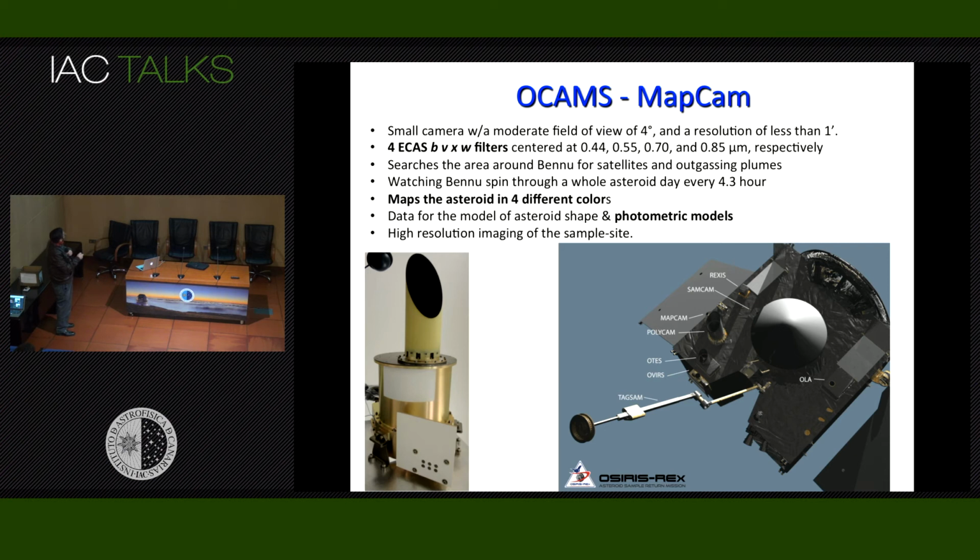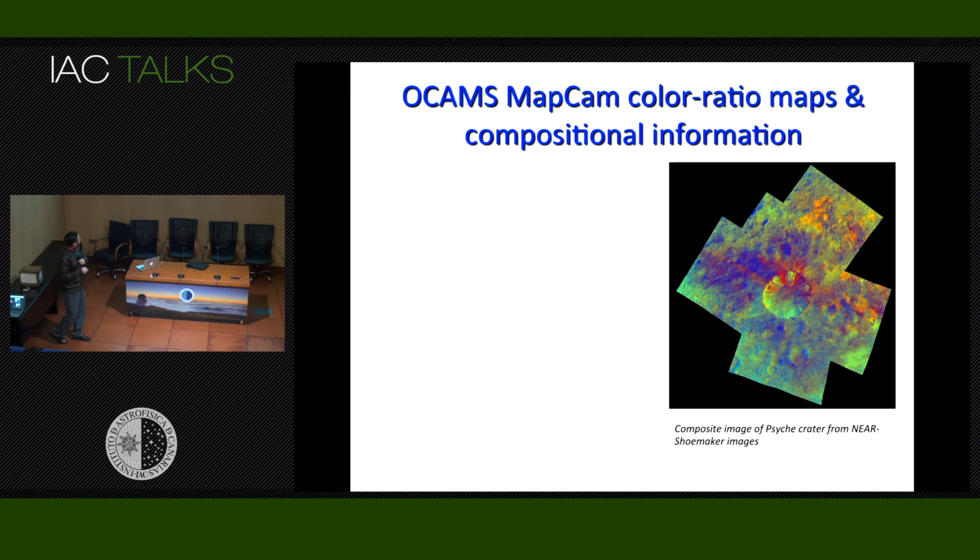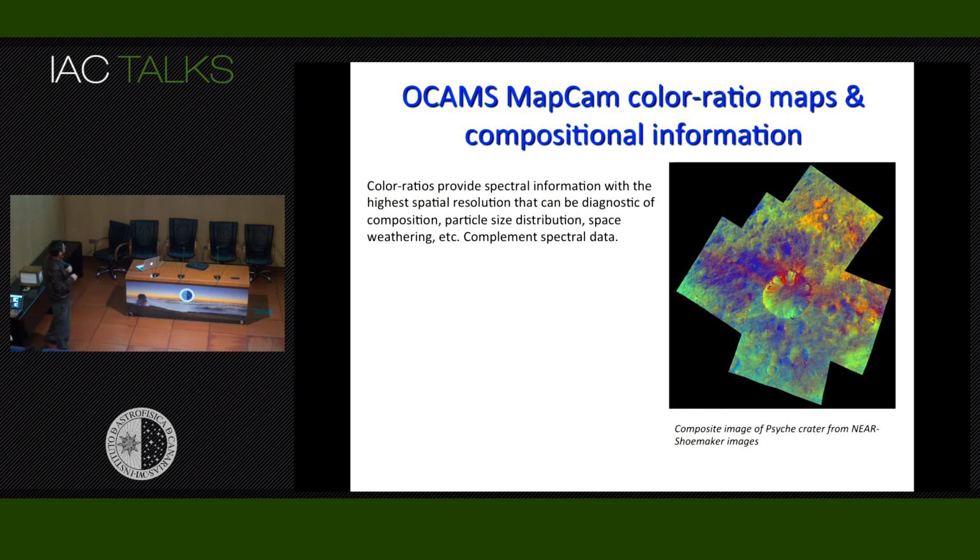We'll monitor the rotation of the asteroid and map the asteroid in 4 different colors, and this data is going to be used to build the asteroid shape model and the photometric model, apart from studying the mineralogy of the whole object and the detailed images of the sampling site.